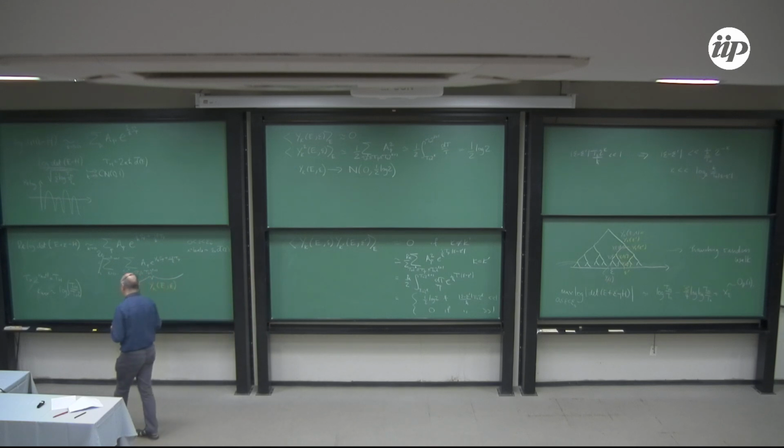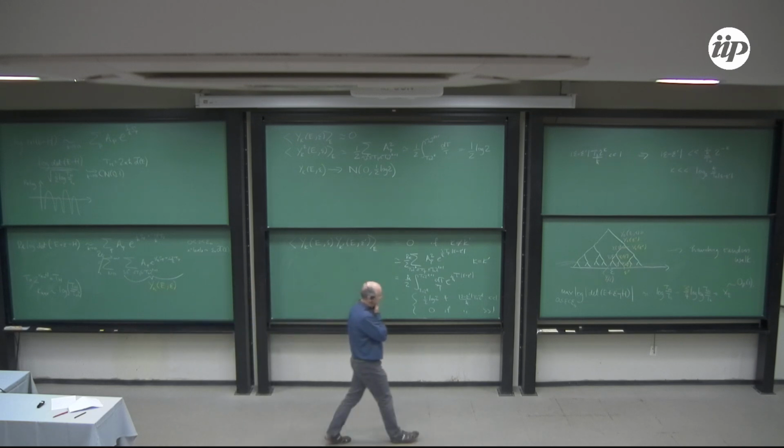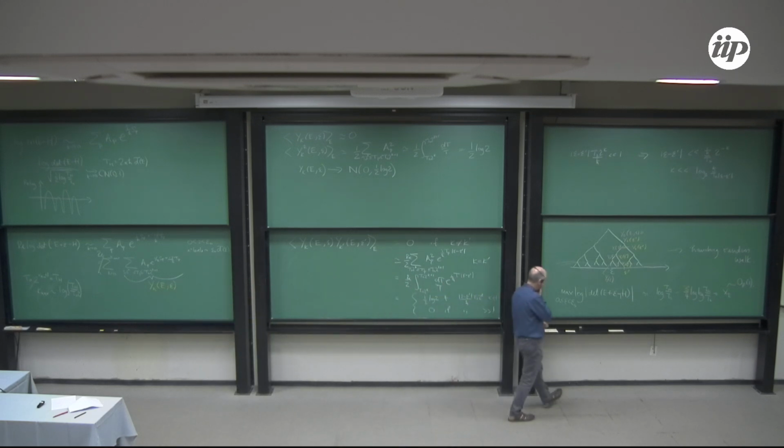Now, what's the evidence that this is correct? Well, I don't know that this picture's been checked semi-classically for any system, and it would be interesting to do that, I think. But of course, a natural thing to try would be to say, well, is this true within random matrix theory? So can one prove this sort of picture for random matrices?